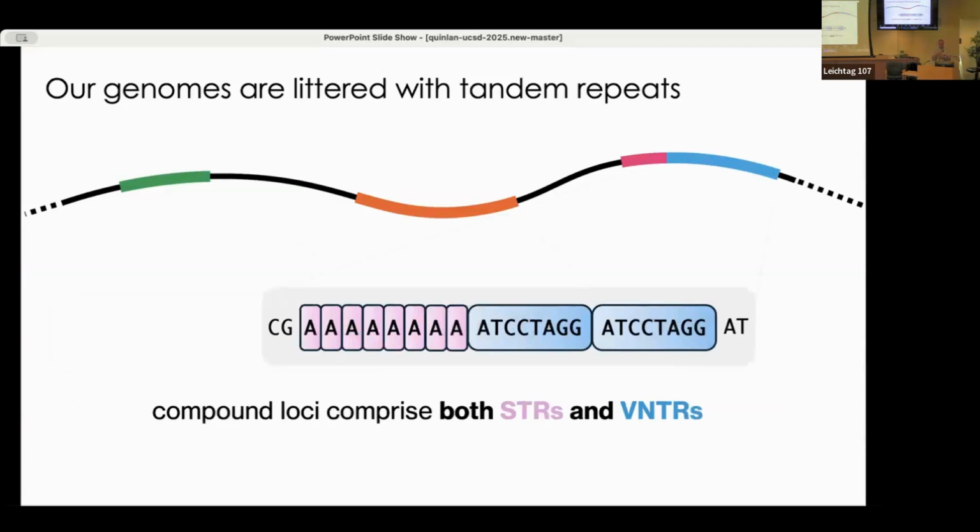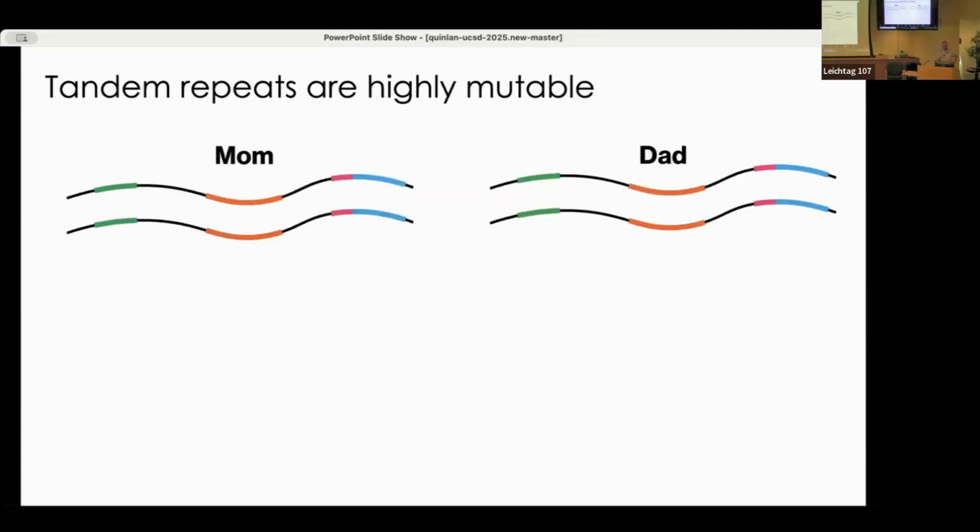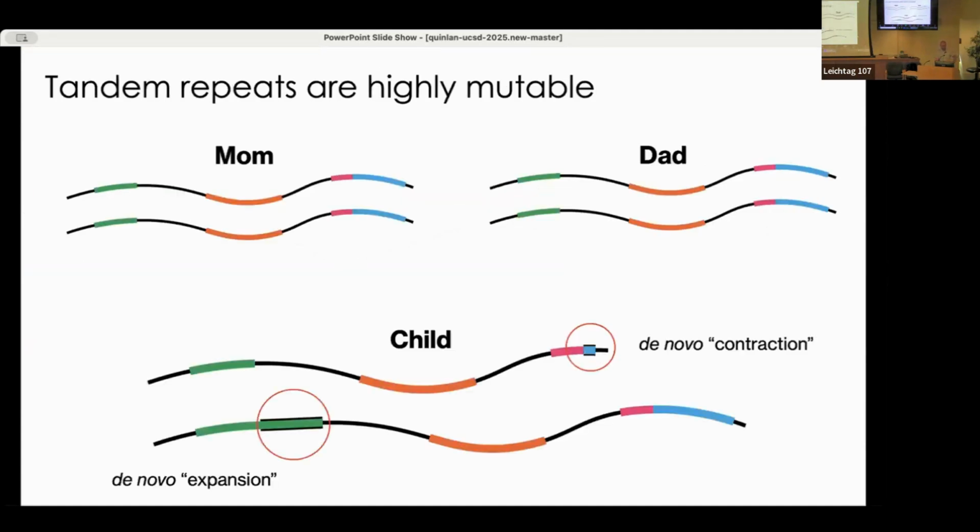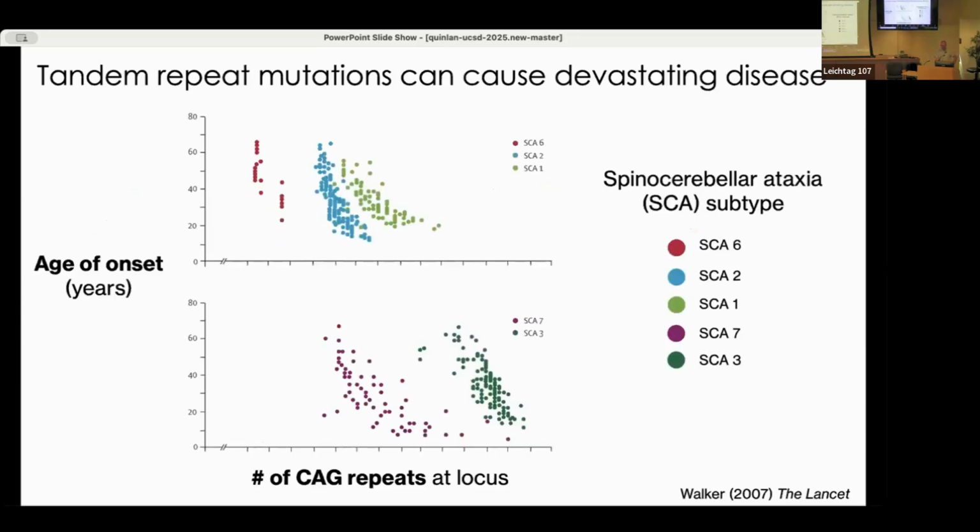They're nasty. They have just this crazy composition of all these different motifs. And they're highly mutable, and they breathe. Between generations, they can contract and they can expand. And the size of the number of repeats is correlated with the age of onset for various diseases.